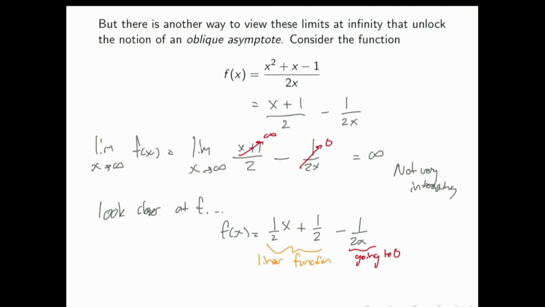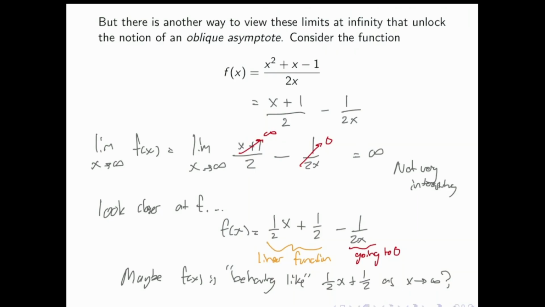Okay, so in line with what we were looking at in the last example, we can say maybe f of x is behaving like the linear function 1/2 x plus a half as x goes to infinity. So maybe that's true.